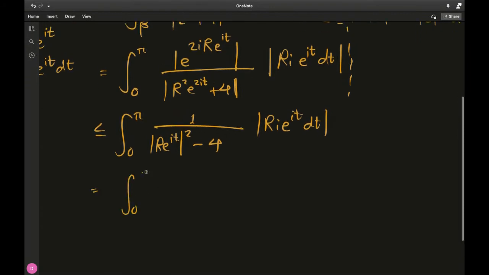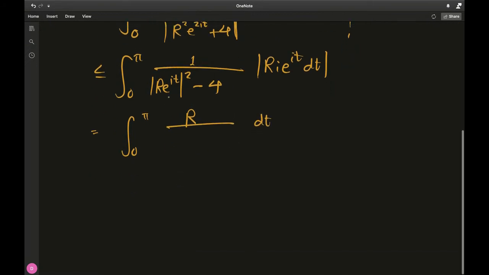And that just becomes, well, mod of r is just r because that's the radius of the path. Mod of i is 1, mod of e to the it is 1, mod of dt is dt, divided by r squared minus 4 like that.